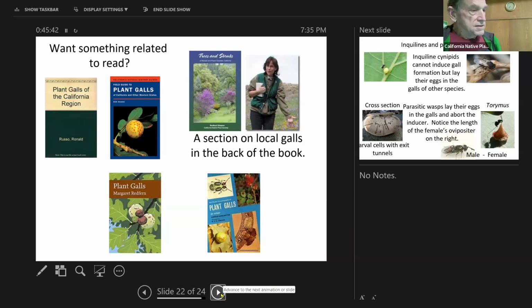And currently, I can't remember which university it is. Anyway, there's a copy of Ron Russo's bigger book over here on the sidewall. So if any of you are interested in it, Russo has 2 volumes out on plant galls. Great color photographs, names of the things, a little bit of natural history, tells you what the host plants are.